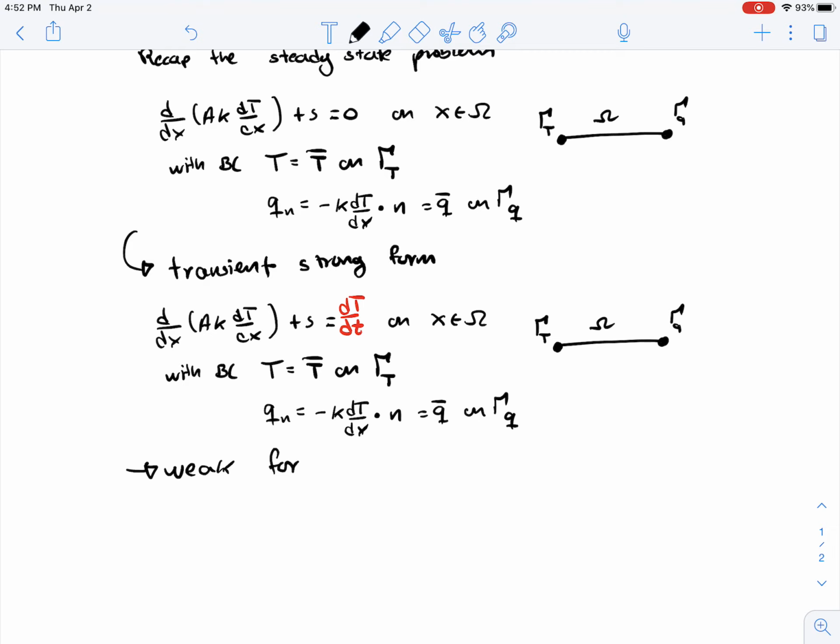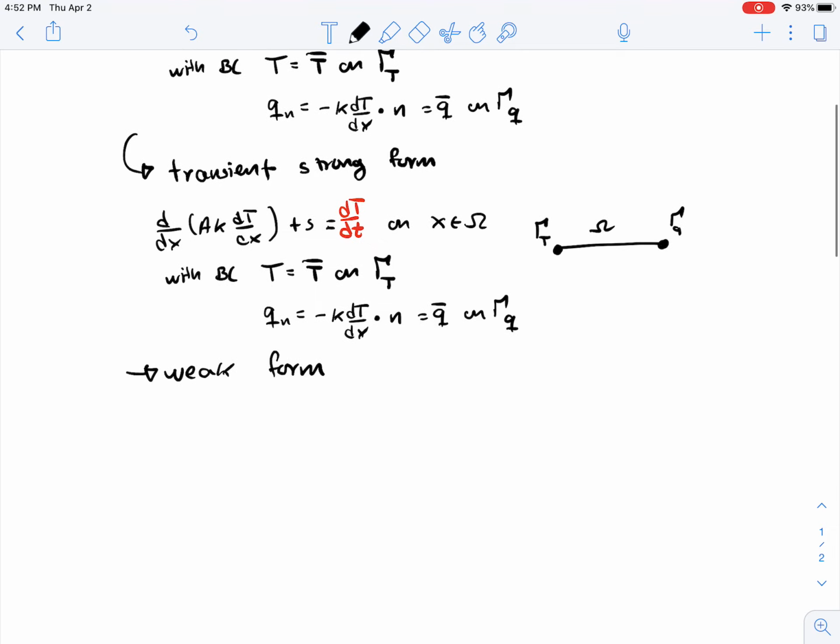So we want to turn this into the weak form. To turn this into a weak form, we do the same thing that we do every time. Integrate over the domain and multiply by this weight function omega, and let's assume that AK is constant. So I'm just going to have d2T/dx2 plus s minus dT/dt equals 0.